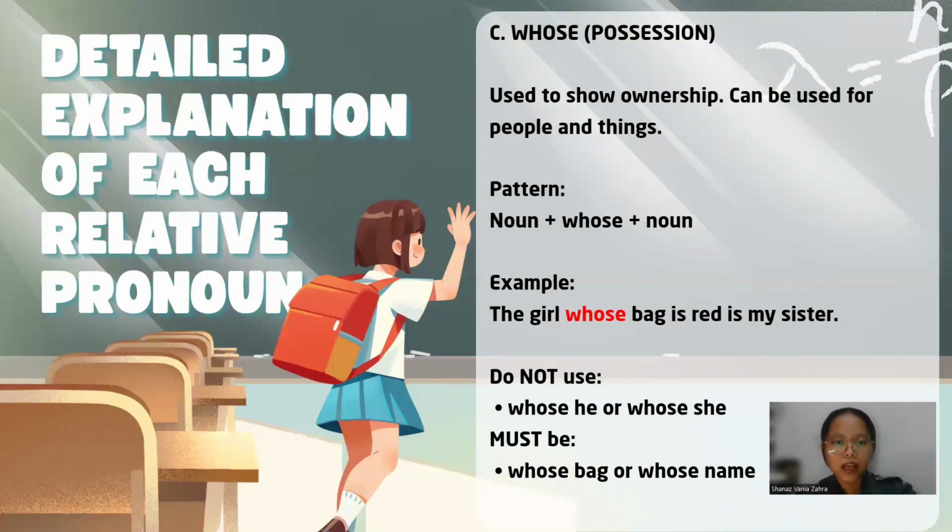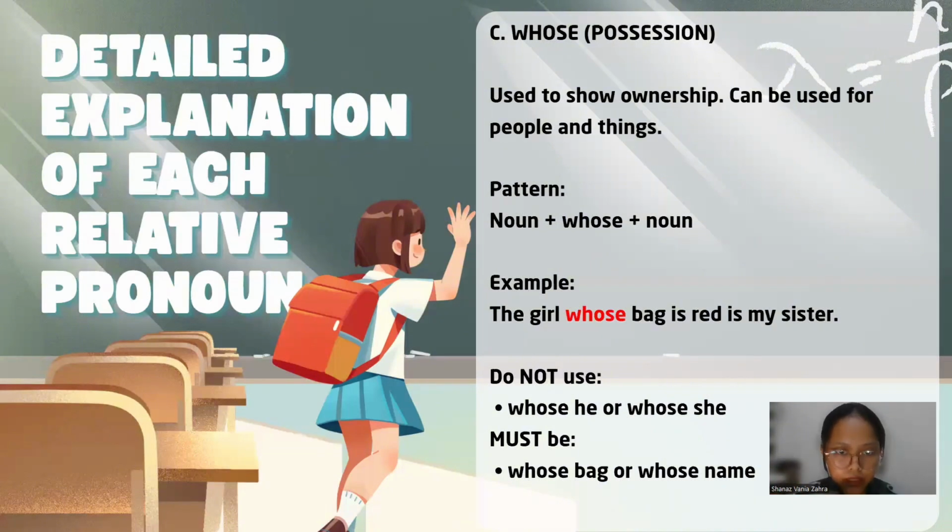All right. So whose is used to show possession or ownership. It tells us that something belongs to someone or something. Unlike who and whom, whose is always followed by a noun, not a subject. That is why the pattern is noun, whose, and noun.